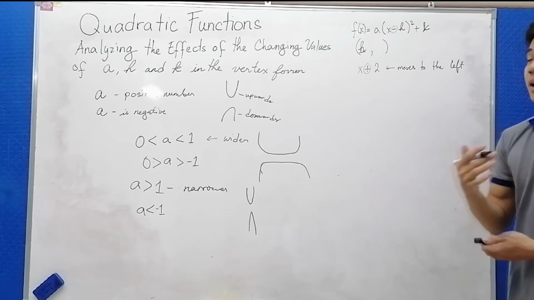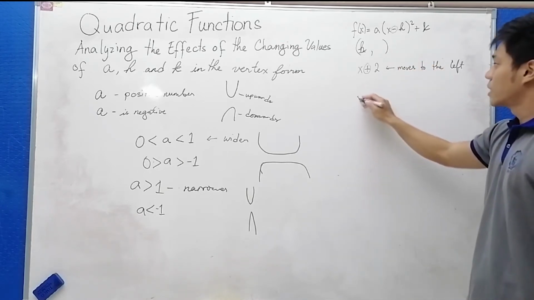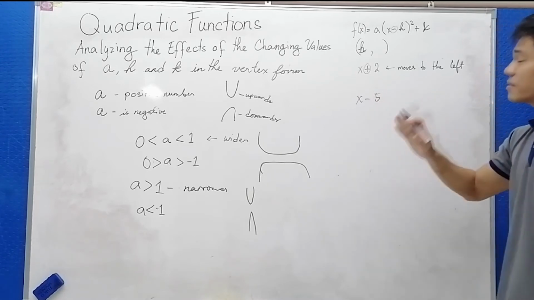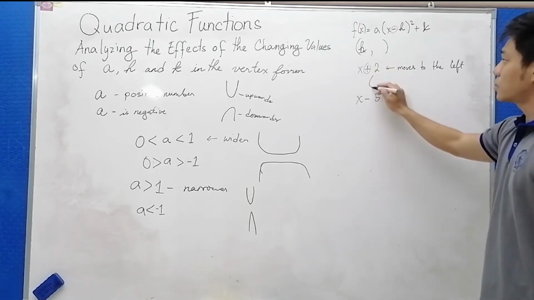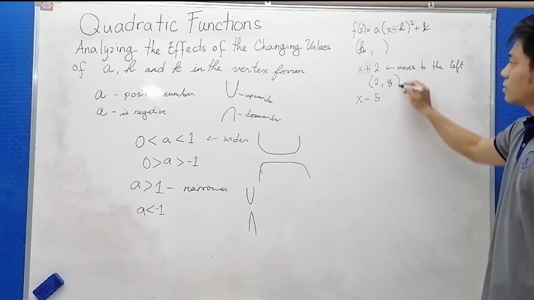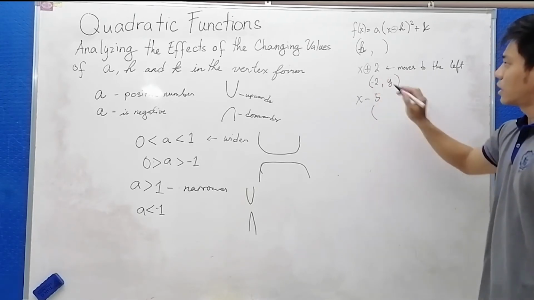But if the value here is negative, for example, we have x minus 5, it moves 5 spaces to the right, because the coordinates for this one will be 2 and a y value, and then this one will have coordinates negative 2.